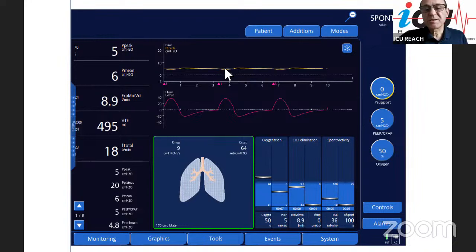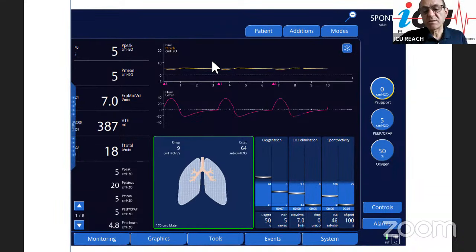And that circuit pressure is slightly higher; you can't see the difference. This pressure is related, number one, to the size and length of the tube, and number two, to the flow of the patient.